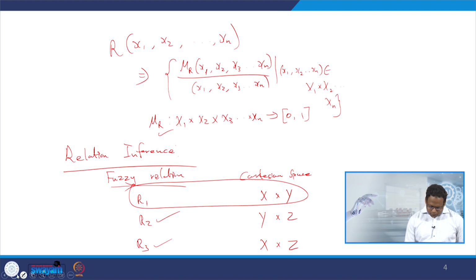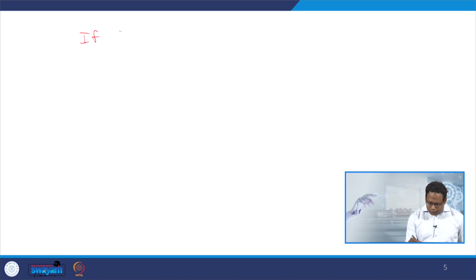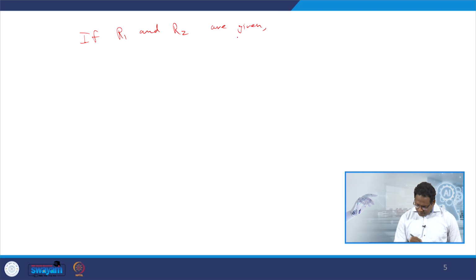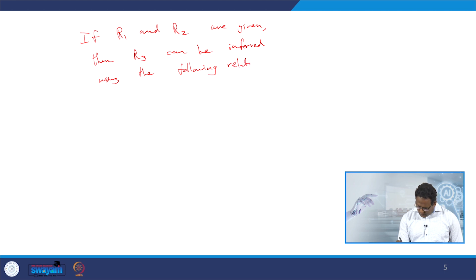Now if R1 and R2 are given, then R3 can be inferred using the following relation, or you can say precisely following operation.